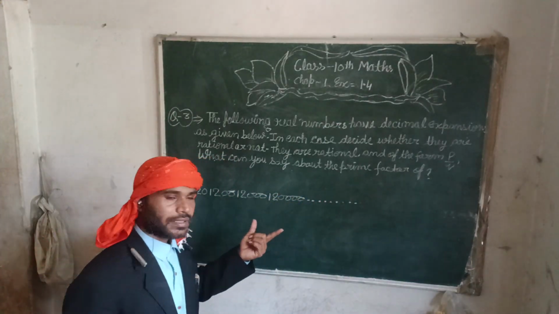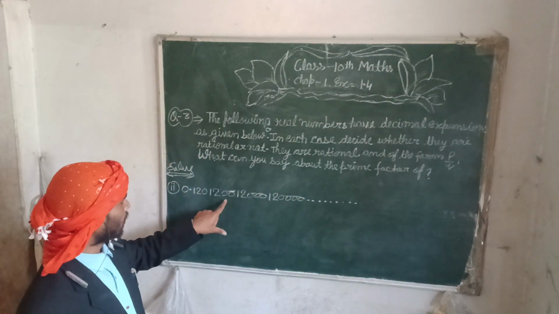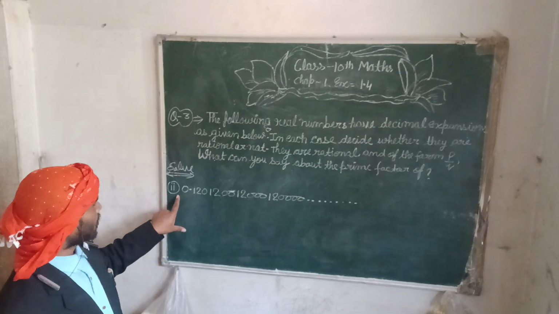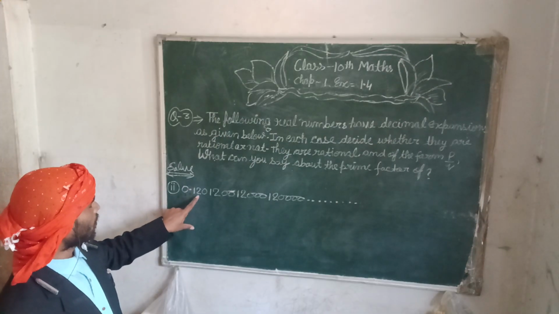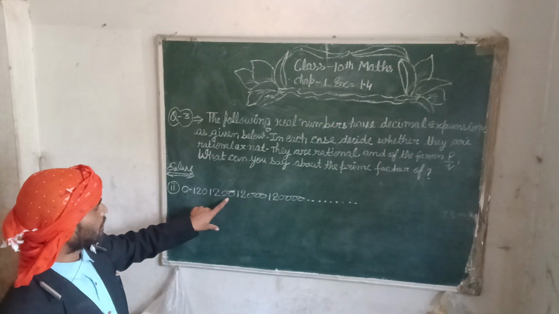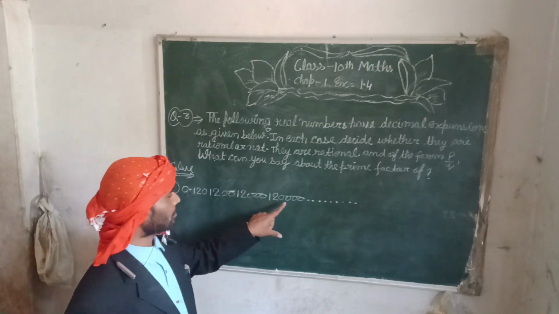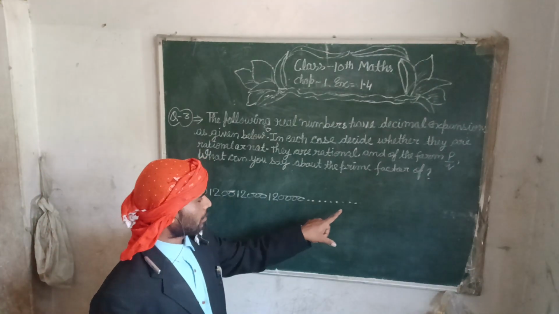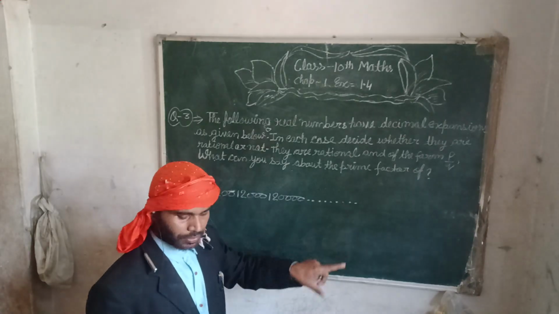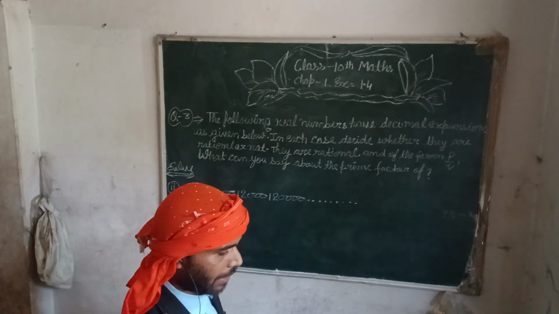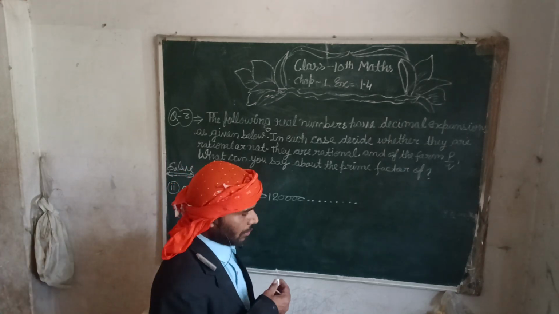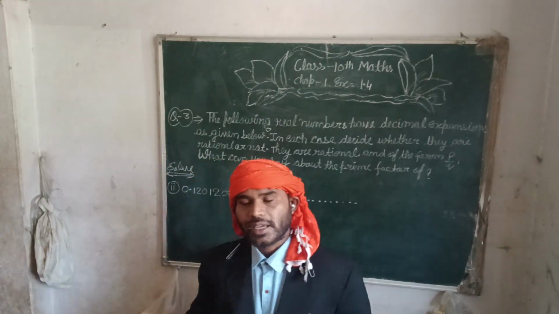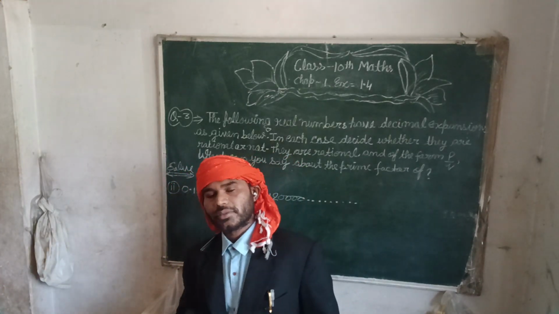Okay, my dear students, based on the given digits, question number third, part two: 0.120 followed by 4 times 0, and so on to infinity. Do you know what this heading is saying to me and you?